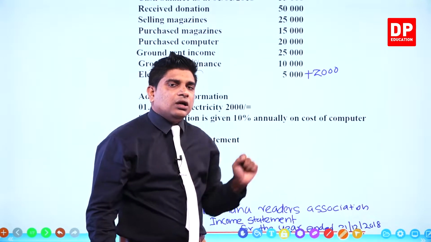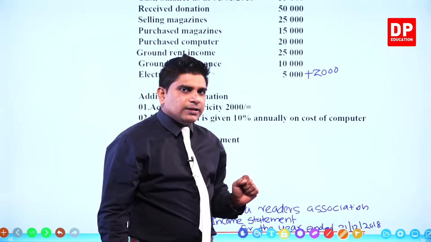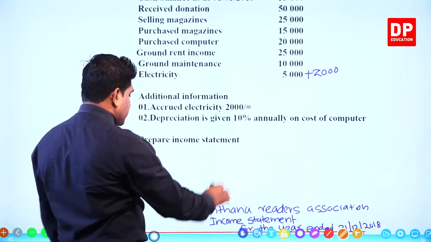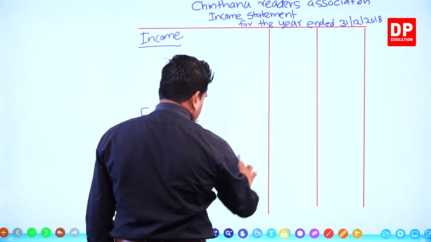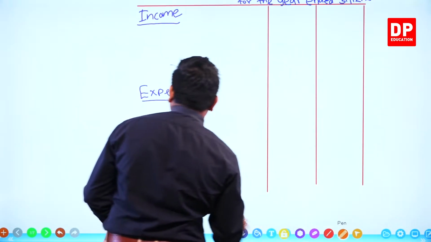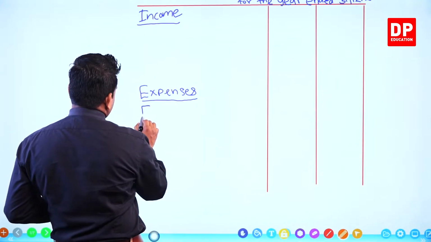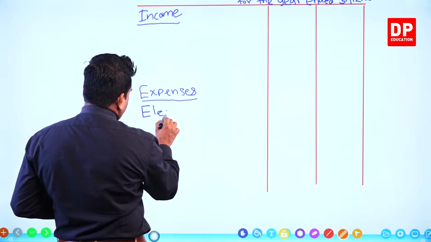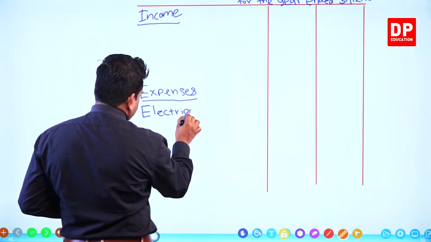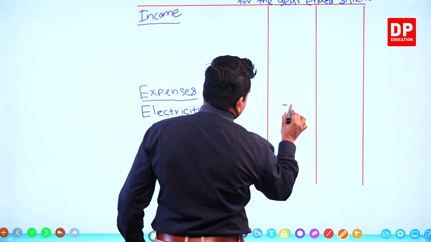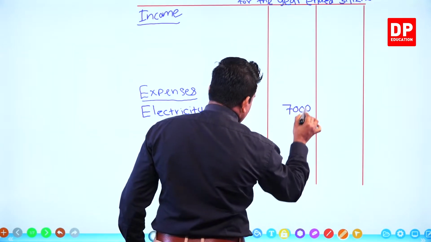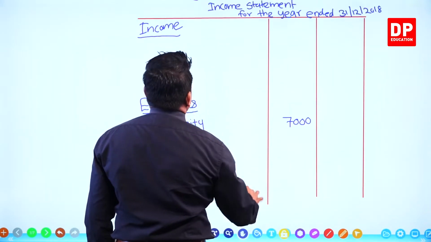Then total electricity for the year is 7,000. You write in the income statement, under the expense, electricity 7,000.